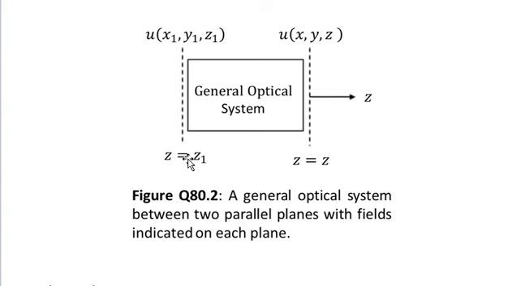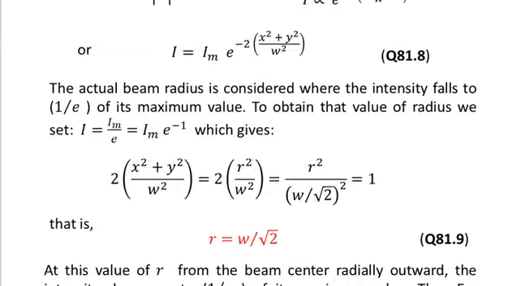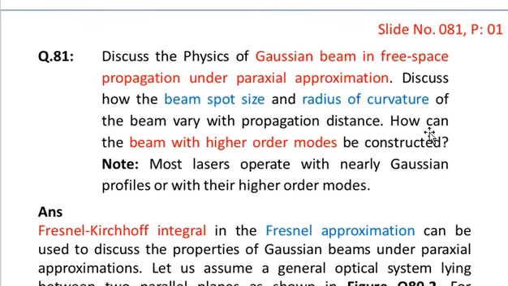The field at the plane z1 is u of x1 y1 z1, which is assumed to be known, and the field at any plane z is equal to z is u of x y z, which is to be determined. And both planes shown in dotted contain a general optical system. So this is the system that has been referred to over here.